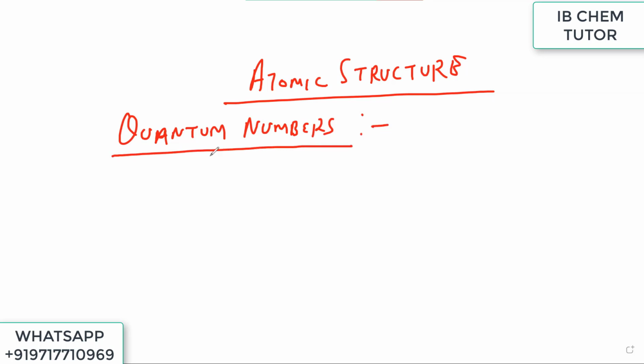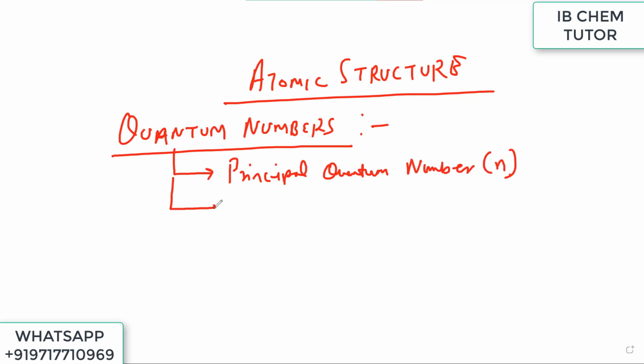So when we study quantum numbers, there are basically four types of quantum numbers. One is your principal quantum number, and this is denoted with small n. After this, there is a quantum number that is known as azimuthal quantum number, denoted with small l.